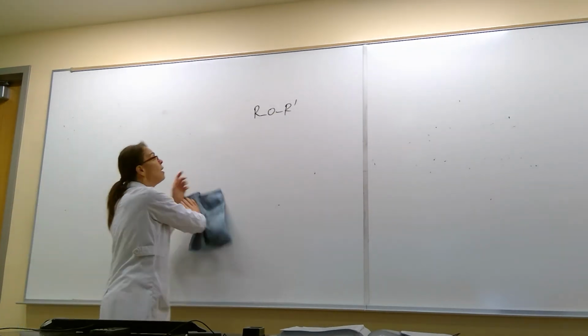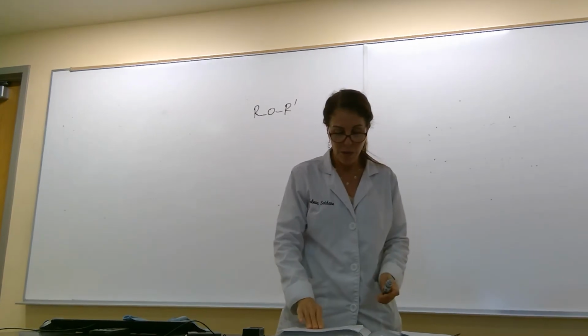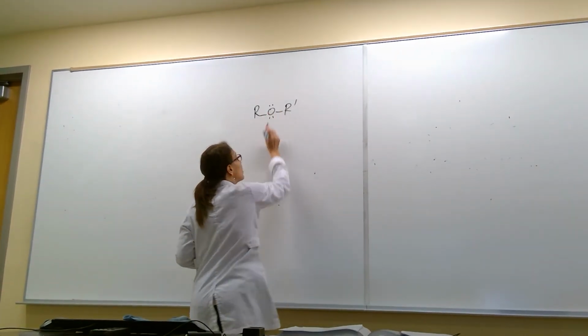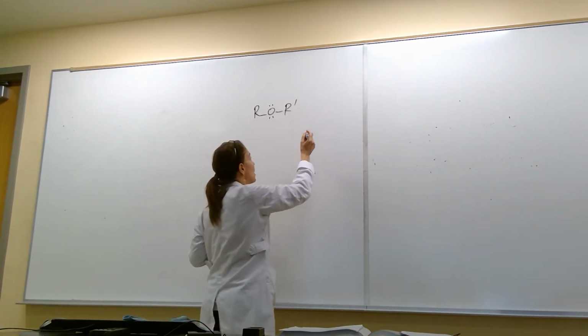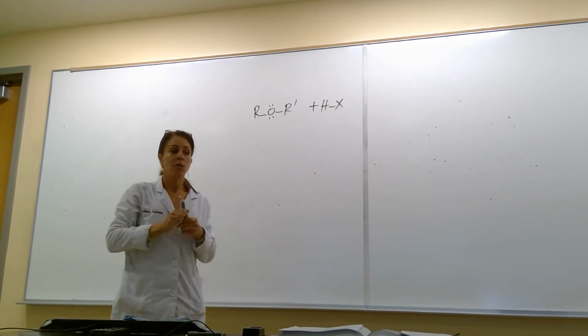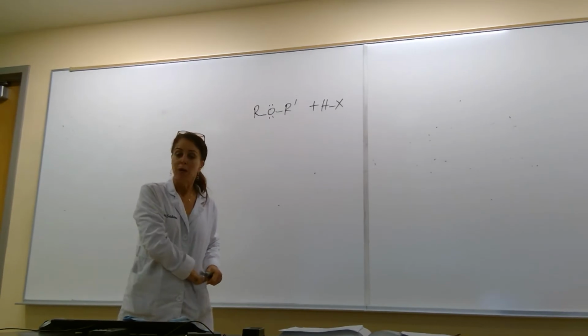So we already know that alcohols are not very reactive, okay? So how about ethers? If I put a Bronsted acid here, what should happen here? I'm just trying to see what I learned from alcohols.